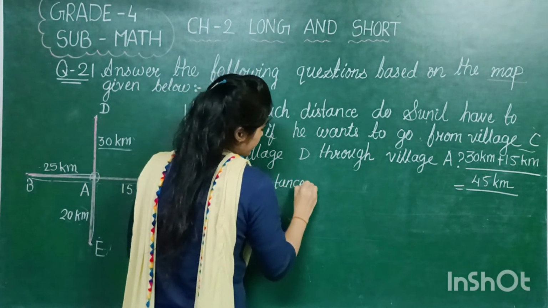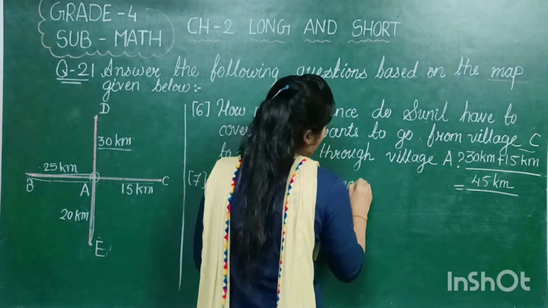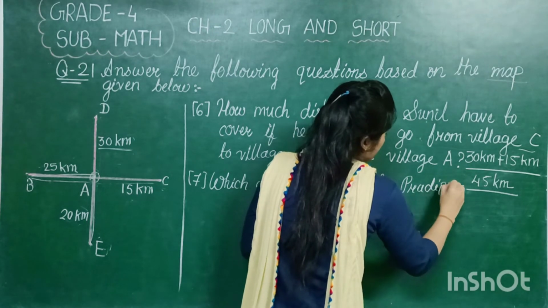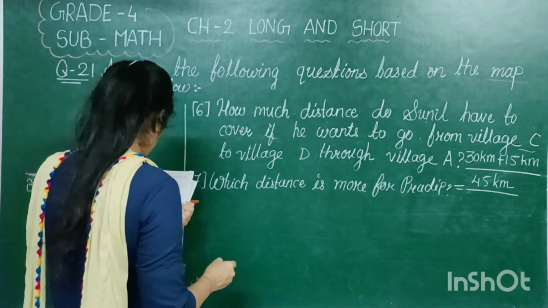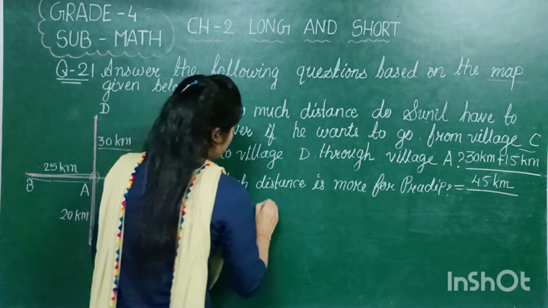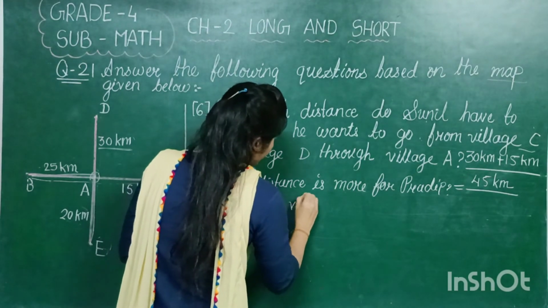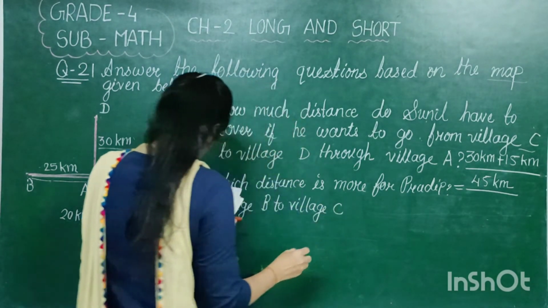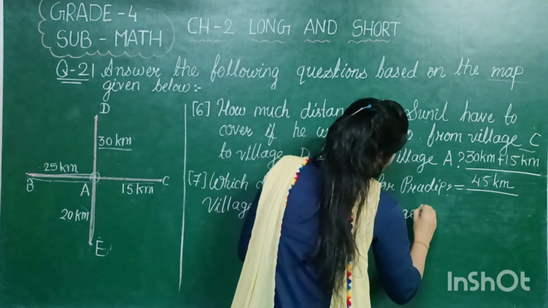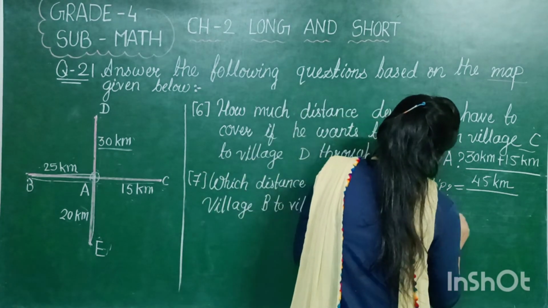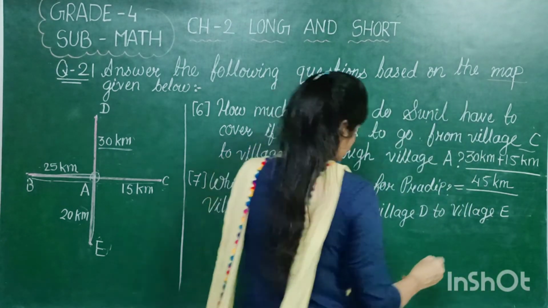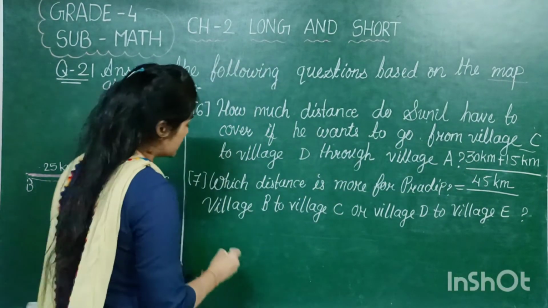Village B to village C, or village D to village E? And how much more? This is a little bit different.